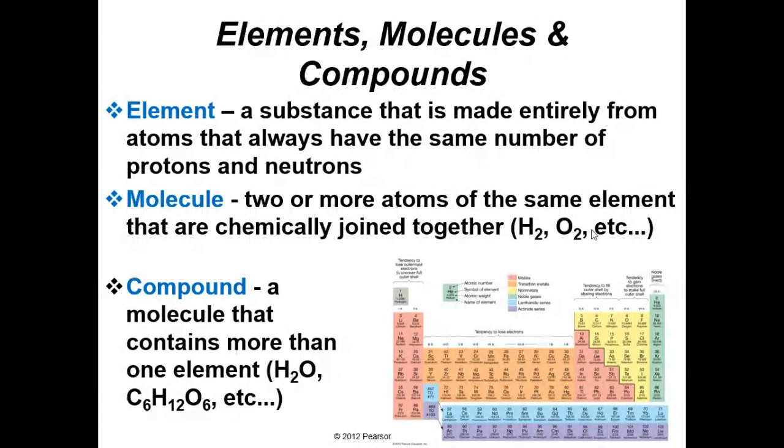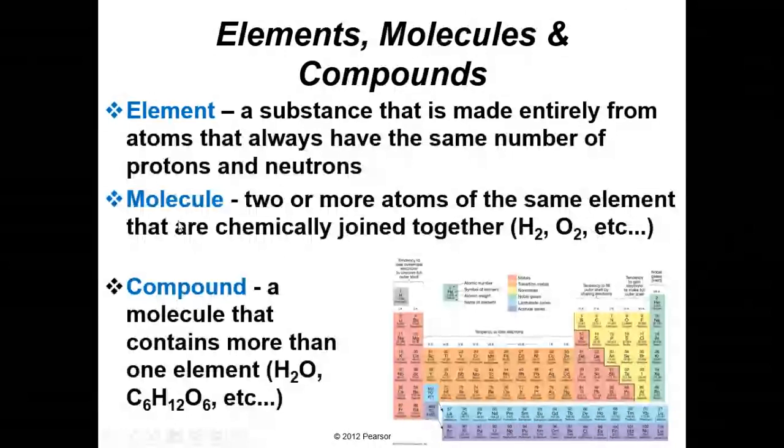So basically, when you clump a bunch of atoms together, you create an element. An element is atoms of the same material. For instance, if I want to make oxygen, oxygen is O2. I take two atoms of oxygen and put them together. That creates the element oxygen.